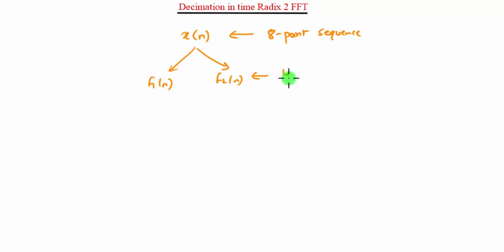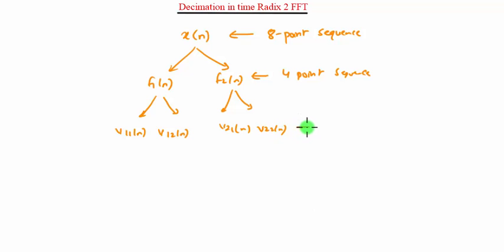These will be 4-point sequences. Then we will again decimate into 2 parts, that would be v11 of n and v12 of n, v21 of n and v22 of n. These will be 2-point sequences obtained from f1 of n and f2 of n.